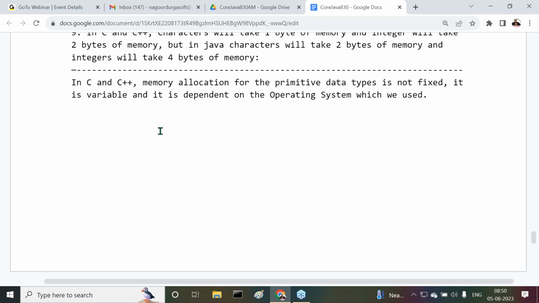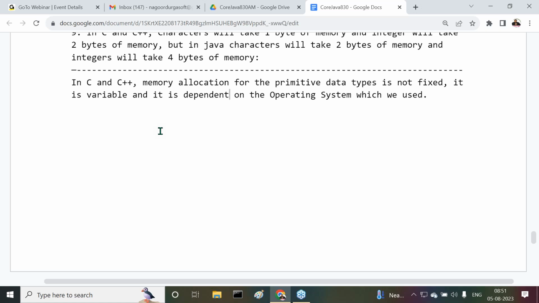Please try to understand the point I am telling you. In C and C++, memory allocation for the primitive data types is not fixed. It is variable. It is dependent on the operating system which we use. Linux, if we use, some type of memory allocation is going on. Unix, some other type. Mac, some other type.